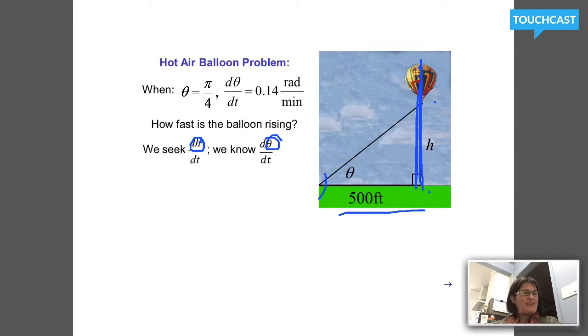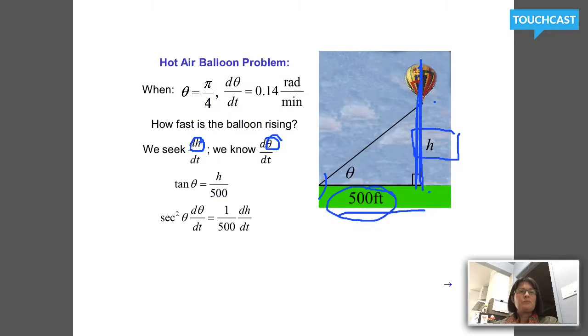Harken back to your trigonometry days, your geometry days. This angle theta is changing. We know something about the side opposite, and we know something about the side adjacent. So the tangent of theta is the opposite over the adjacent. That's going to give us the relationship that we need in this problem.